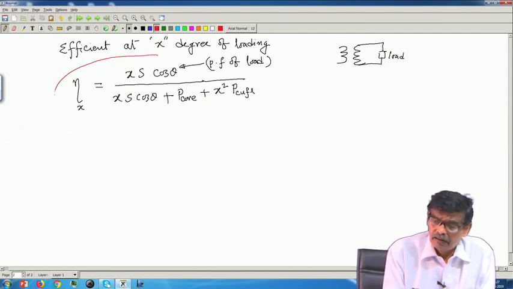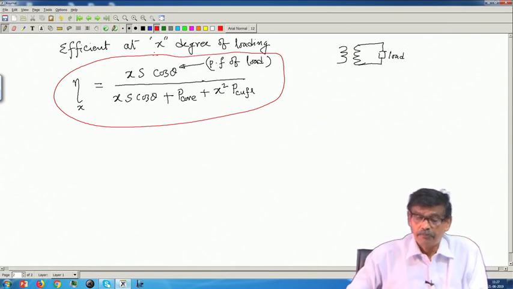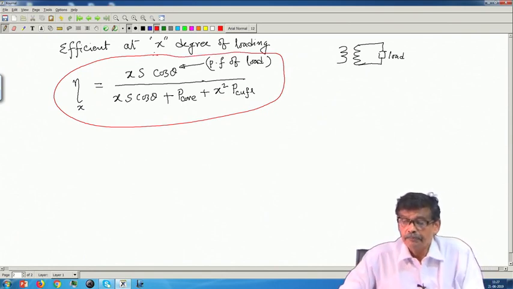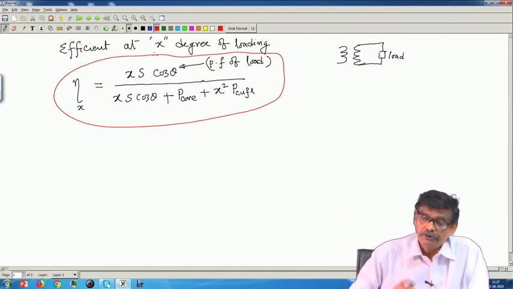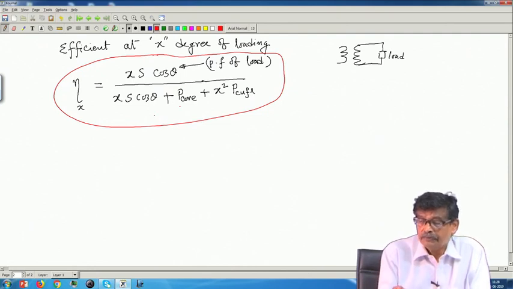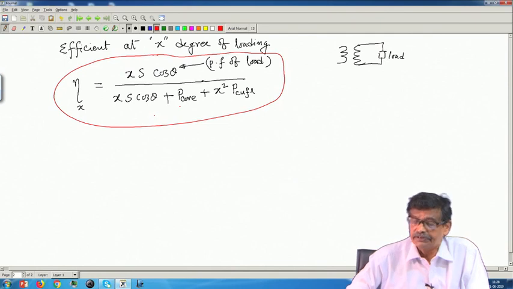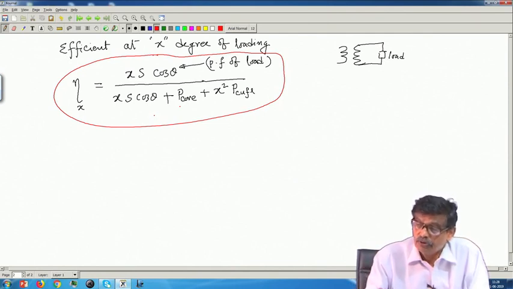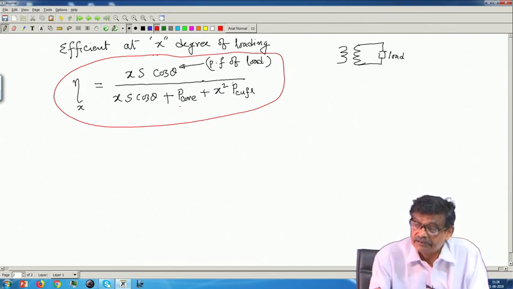Therefore, I can calculate the efficiency of a transformer at any degree of loading and at a given power factor of the load, because this P core is known to me from the open circuit test, and P CU full load is also known to me from the short circuit test.